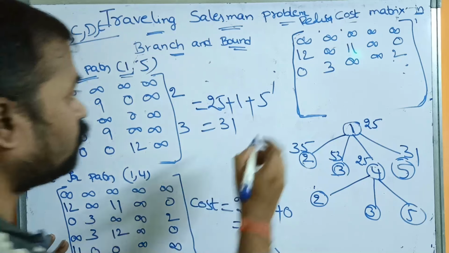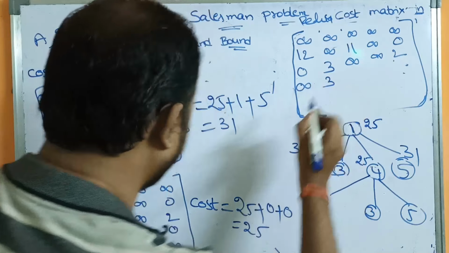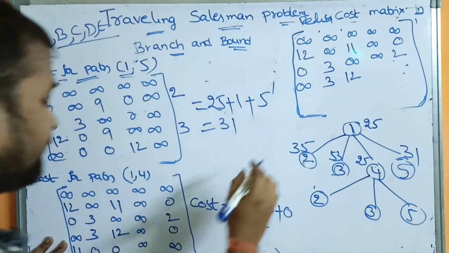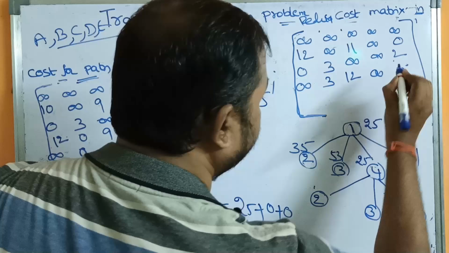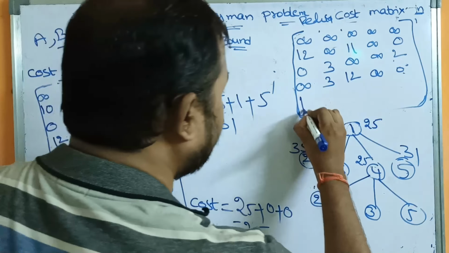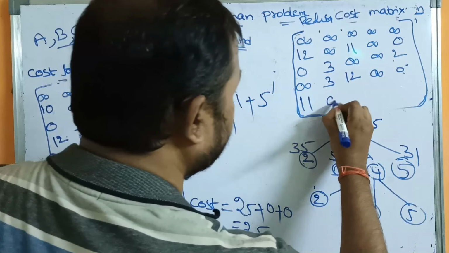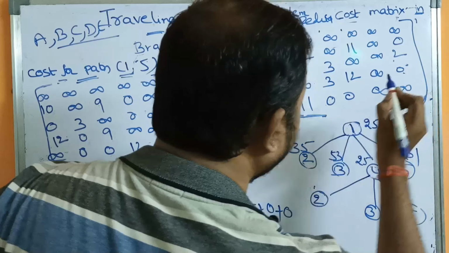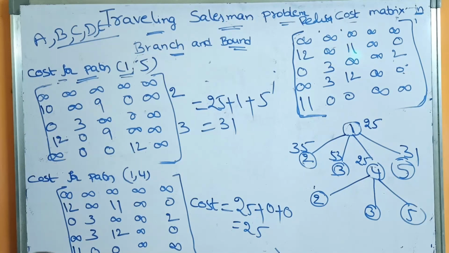Next, fourth row: infinity, 3, 12, infinity, 0. Last one: 11, 0, 0, infinity, infinity.